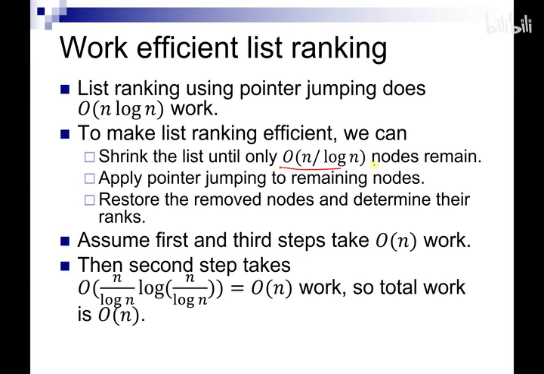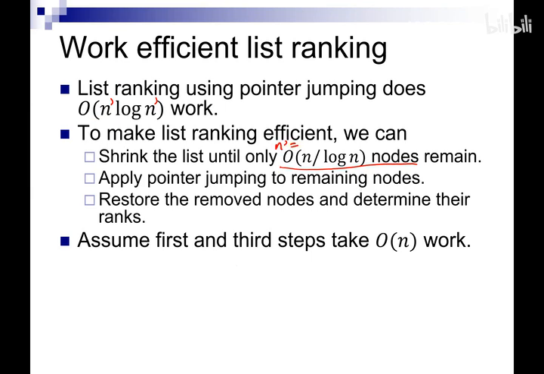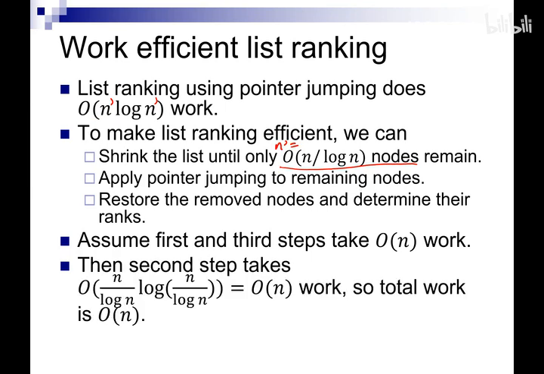Then, if you look at the second step, this is where you would apply pointer jumping on this number of nodes. Well, the amount of work that does is going to be however many nodes you have. If you have, let's say, n prime nodes, then the amount of work is going to be n prime times log of n prime. So in our case, n prime here is going to be equal to n divided by log n.